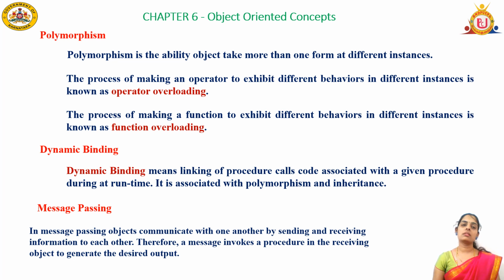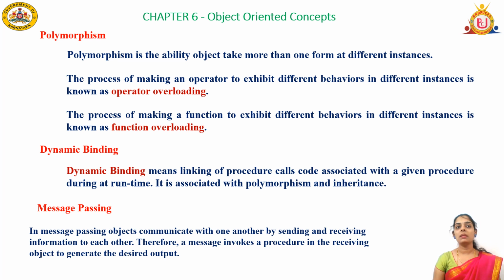Let's see the next feature of OOP, which is polymorphism. Polymorphism is the ability of the object to take more than one form at different instances. Let me consider the example of a mobile. We can turn on the phone with one button.